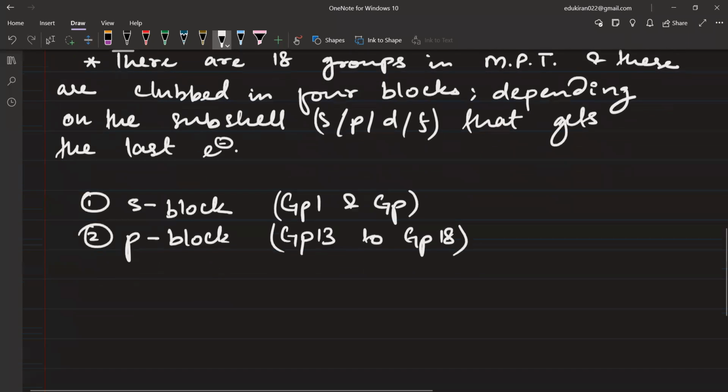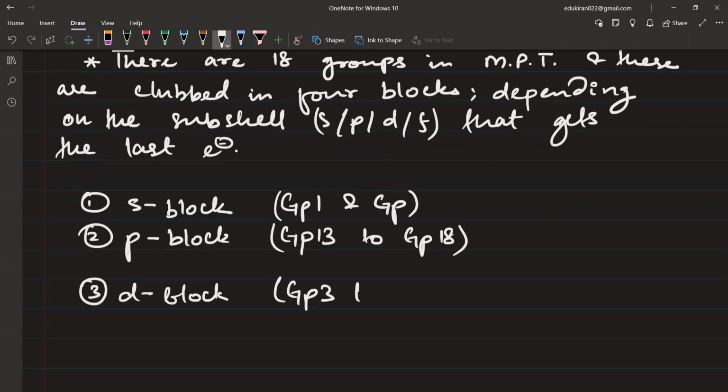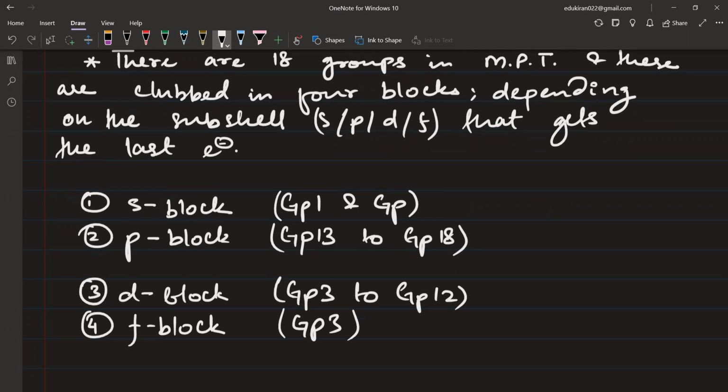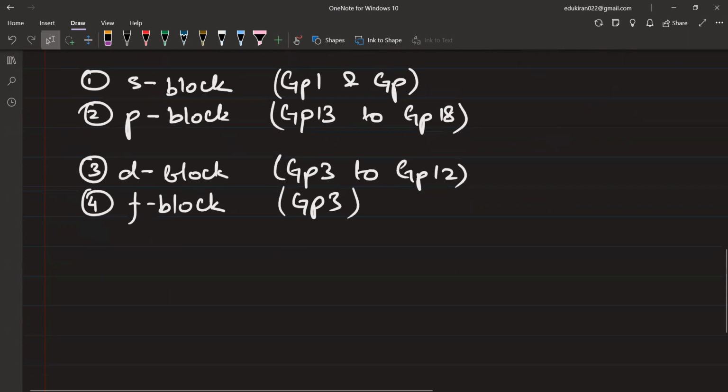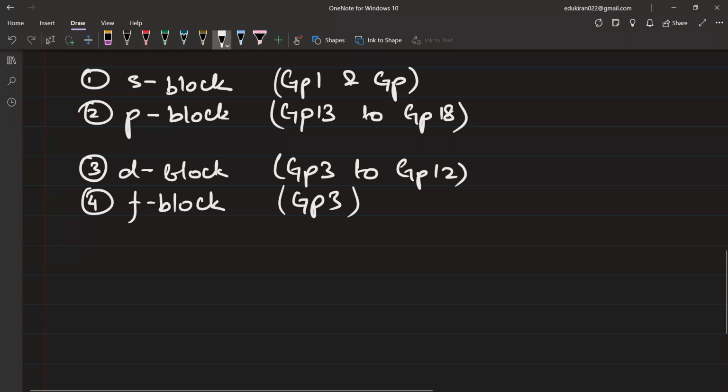Next, the D block. D block elements are from group 3 to group 12. Fourth, the F block. So write one S block element.